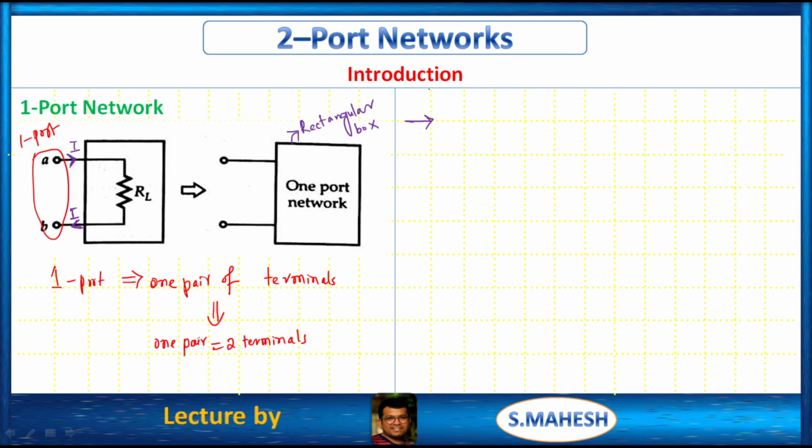Any active or passive network having only two terminals can be represented by a one-port network.